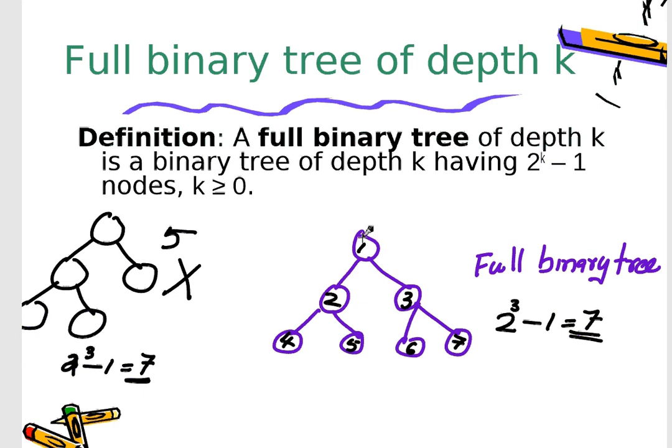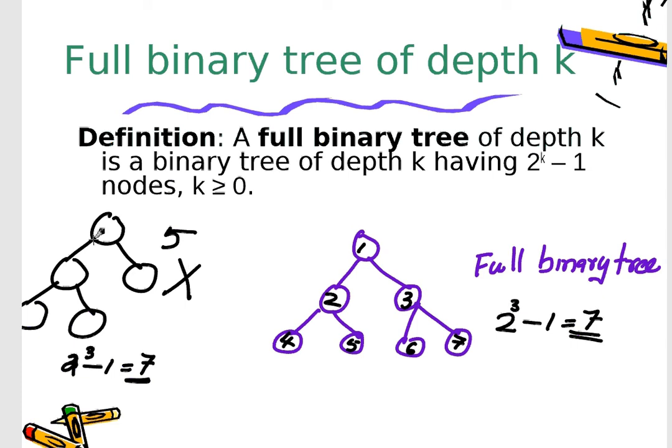Here you can see it is up to this level, all the nodes are available. So in this case you can see that 2 raised to 3 minus 1 nodes are there. So 7 nodes are there. That is why this level 3 or depth 3 tree is having all nodes available.